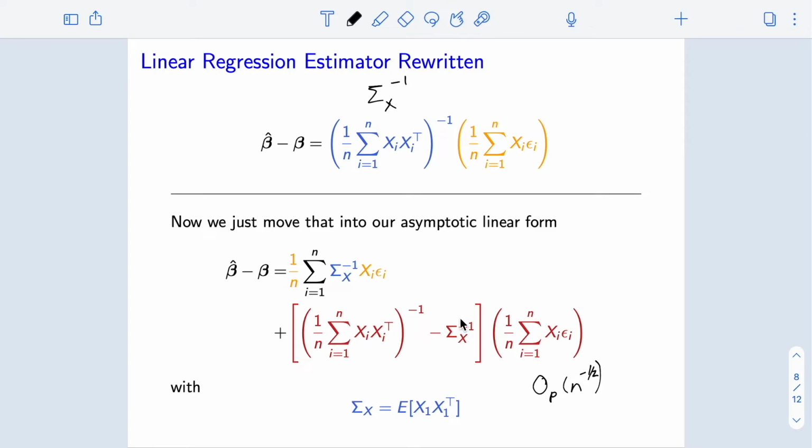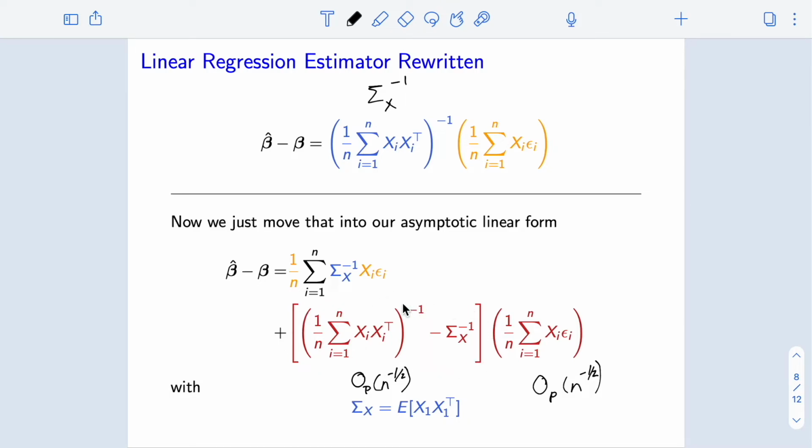One could use the delta method for that, or a quantitative form of the continuous mapping theorem, which we've seen in a previous video. So this piece is also O_P of n to the negative 1/2. And that might be a little confusing, so it might behoove you to work that out.